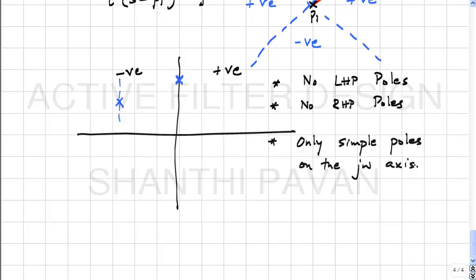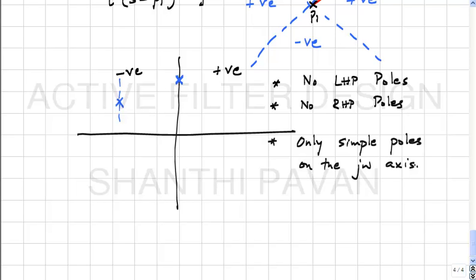Correct? Can you comment on the residues of the poles on the j omega axis? The residues must also be positive, because we said that if the residue is some complex number R, then the region over which the real part is positive and negative gets rotated by that angle.